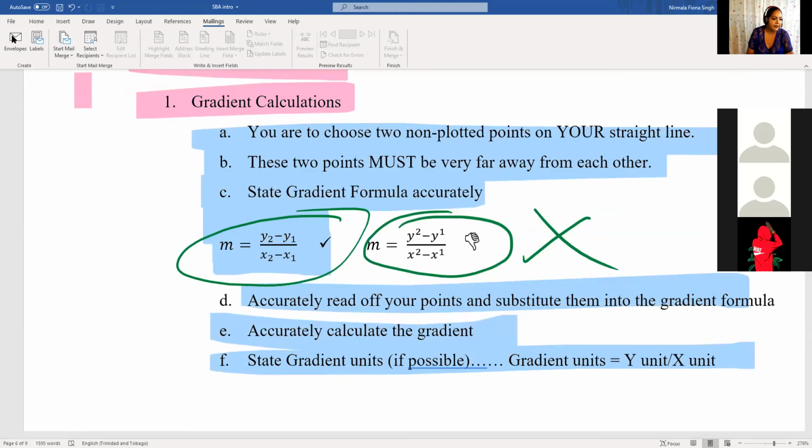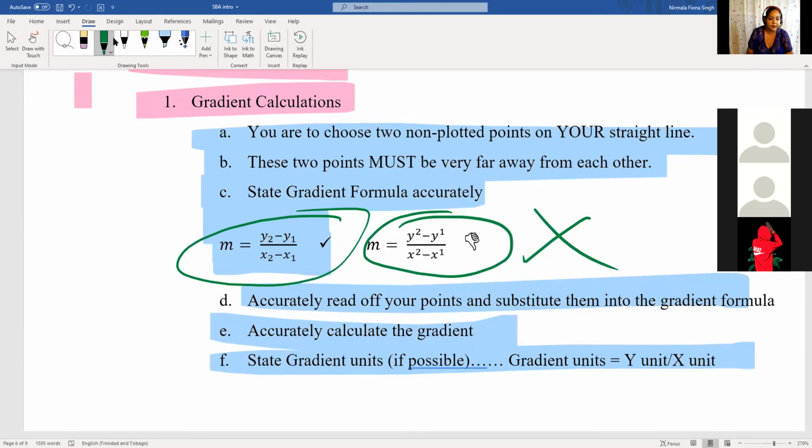So let's see here. You get 1 mark for non-plotted points, 1 mark for far away, 1 mark for formula. You get up to 2 to 3 marks for these 2 points. You get 1 mark for stating your gradient units.